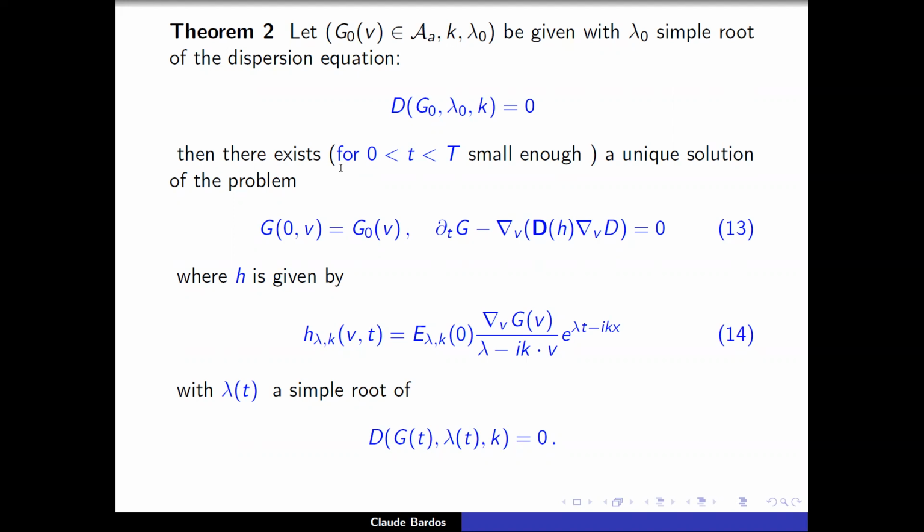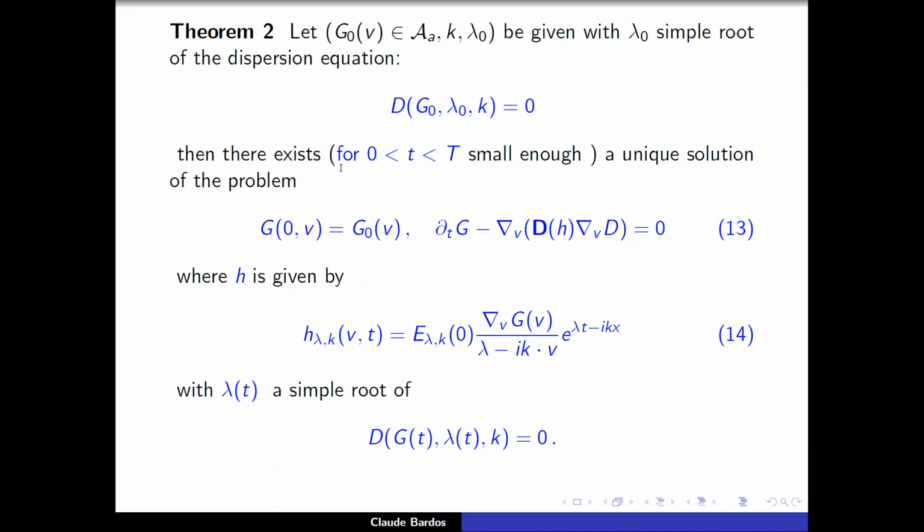Then I will assume, in fact, that for some small time, there exists a unique solution of the equation g of 0 v equals g0 v, and dt of h equals minus Laplacian of h gradient of v, where h here is given by A k 0 gradient of v over lambda minus k, exponential lambda k minus E k. And I keep the hypothesis that lambda t is a simple root of this equation.